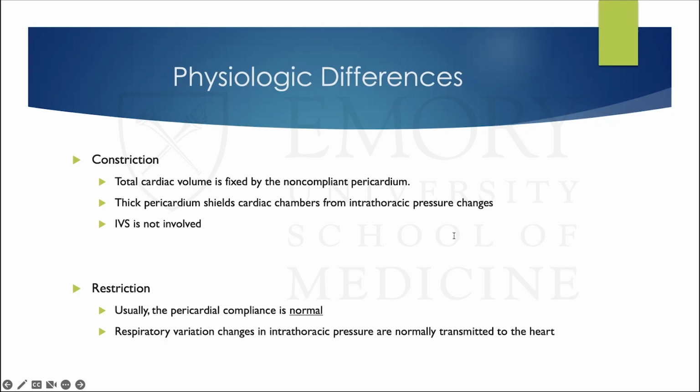So it's important to understand these differences. But in a restrictive process, the respiratory changes in intrathoracic pressure should be normally transmitted to the cardiac chambers, because you're not necessarily having that pericardial barrier in a way.